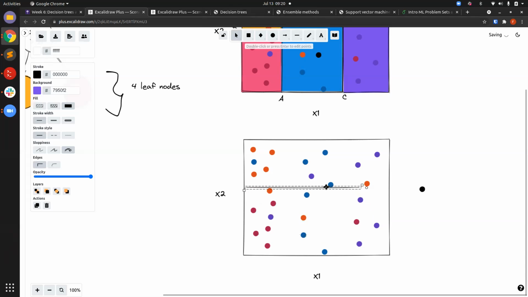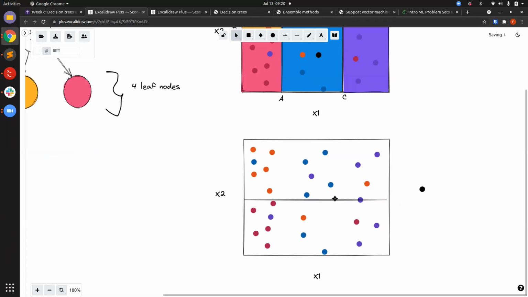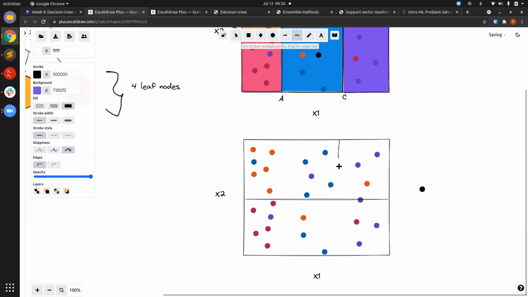So let's say I decide that for my first split, I'm going to split at this particular position for x2. That might be a valid choice. It might even be the best choice you could make at that instance. But this means that in a later situation, you're not going to be able to split the entire space like this. If you did that, it would have to be two separate splits like this and like this.